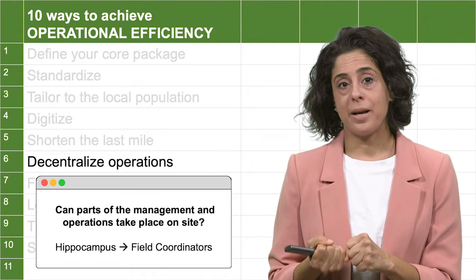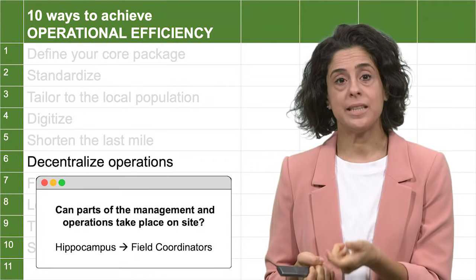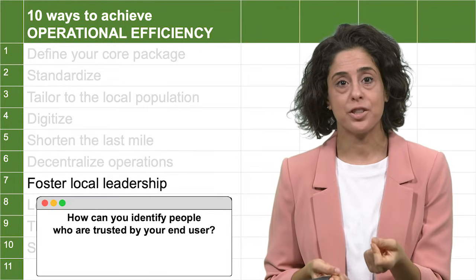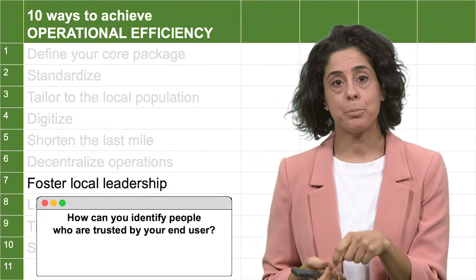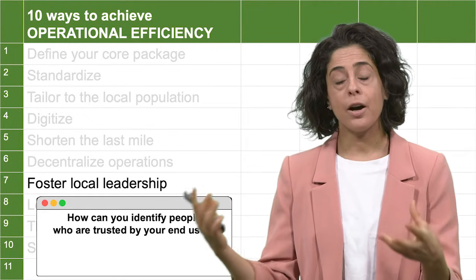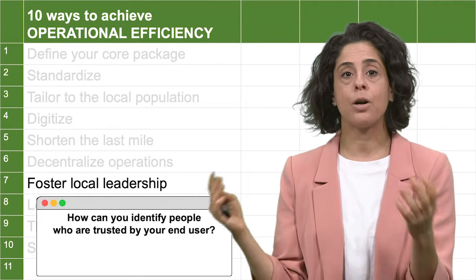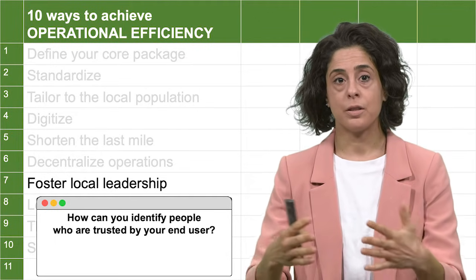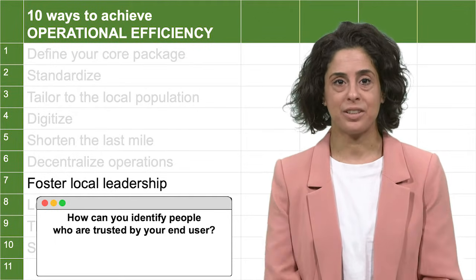Next, I'd like to talk about a specific way to decentralize operations, which is also to foster local leadership. How can you identify people in the different locations you're trying to reach who others already turn to and who are already known and trusted, and make that part of shortening the last mile and decentralizing?